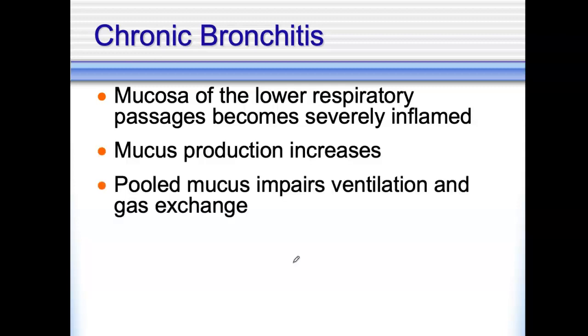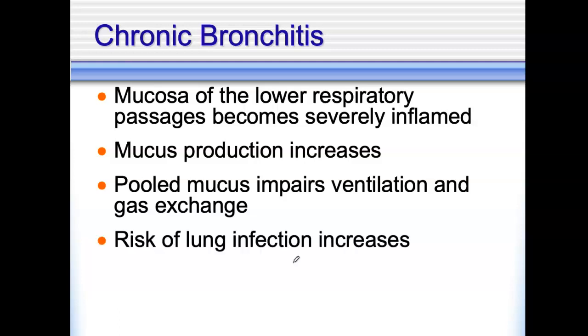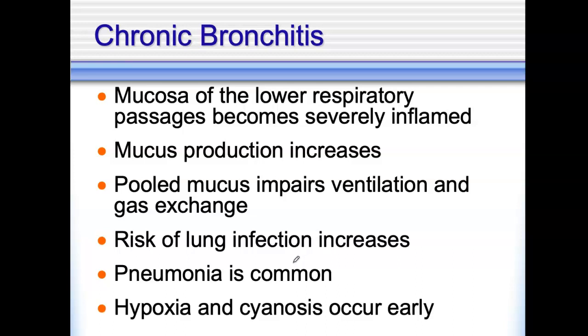So the pooled mucus is also going to impair ventilation. And this is a really good environment, nice and warm, full of mucus, for infection to thrive. So pneumonia could occur, and then hypoxia and cyanosis again in very advanced cases of bronchitis.